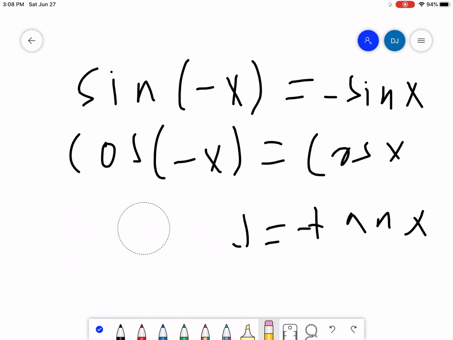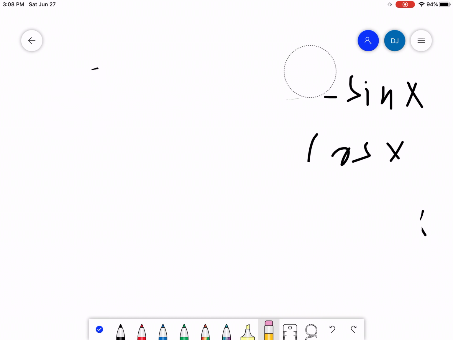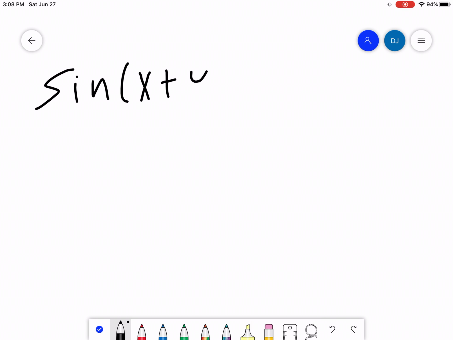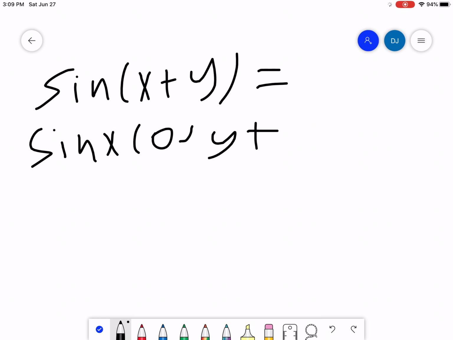Then let's cover the sum and difference identities. Sine of x plus y is the same thing as sine of x times cosine of y plus cosine of x times sine of y.